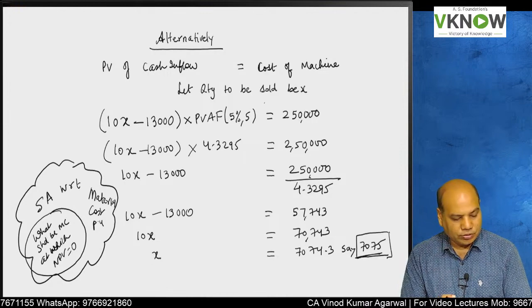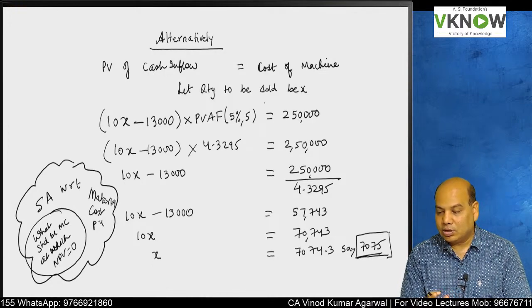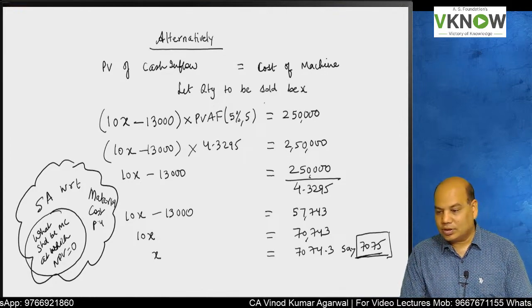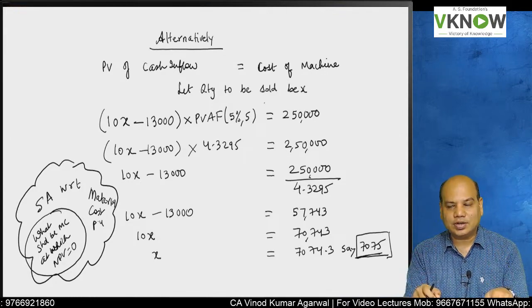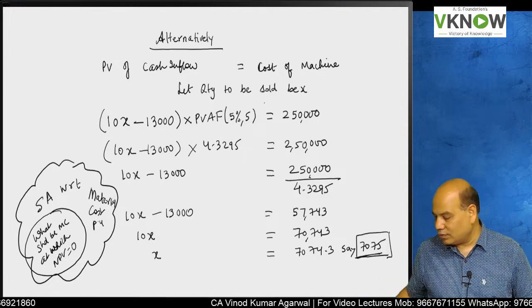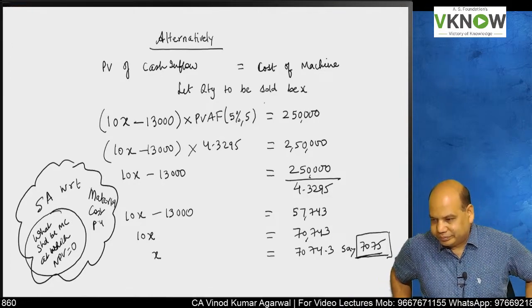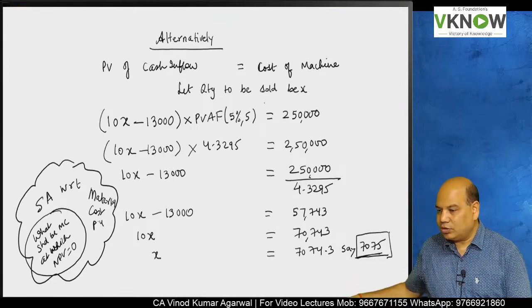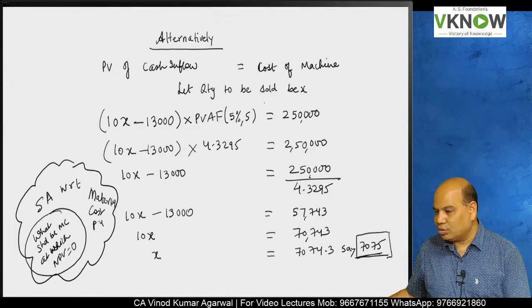So the student has to answer material cost per unit. I'll give you 30 seconds to think. 30 seconds starts now. In the same way you have to solve, but you have to write your own equation.